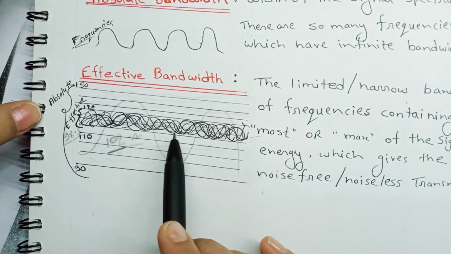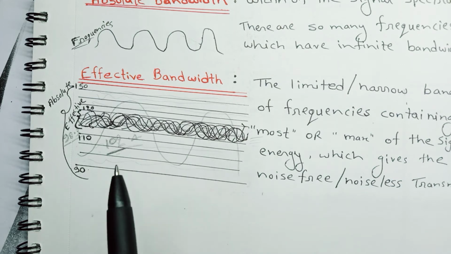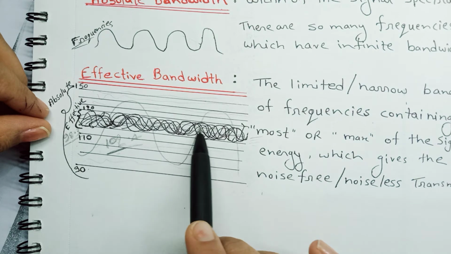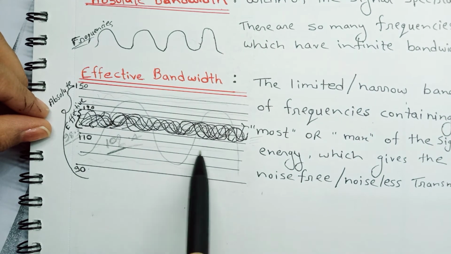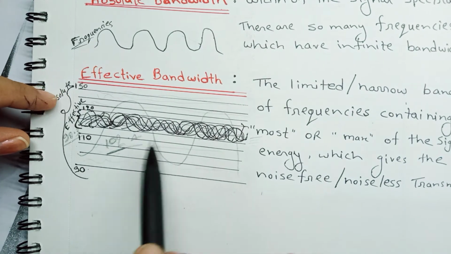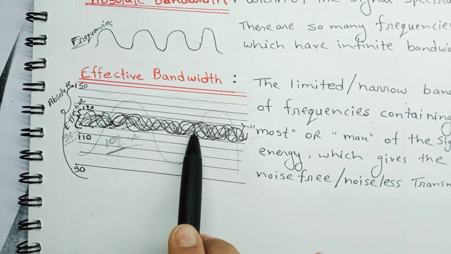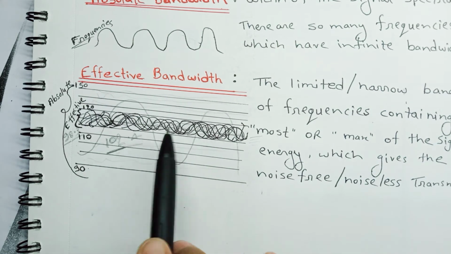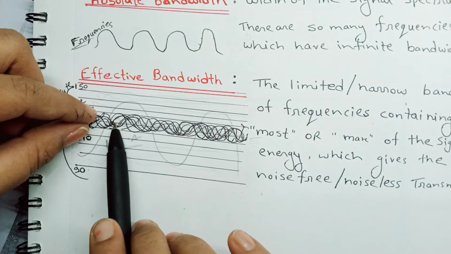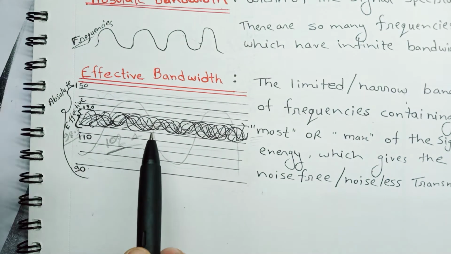This is dense, this is the limited narrow band. Most of the signal travels through this dense narrow band.